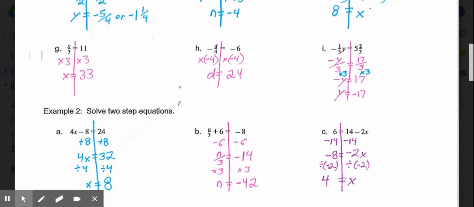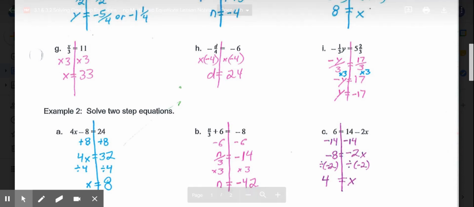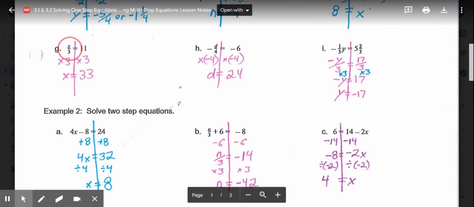And then our last 3 examples for our first 2 lessons. We'll get into the 2-step equations in lesson 3.3. So we'll look at g, h, and i. In g, we have x over 3 equals 11. So x divided by 3 equals 11.